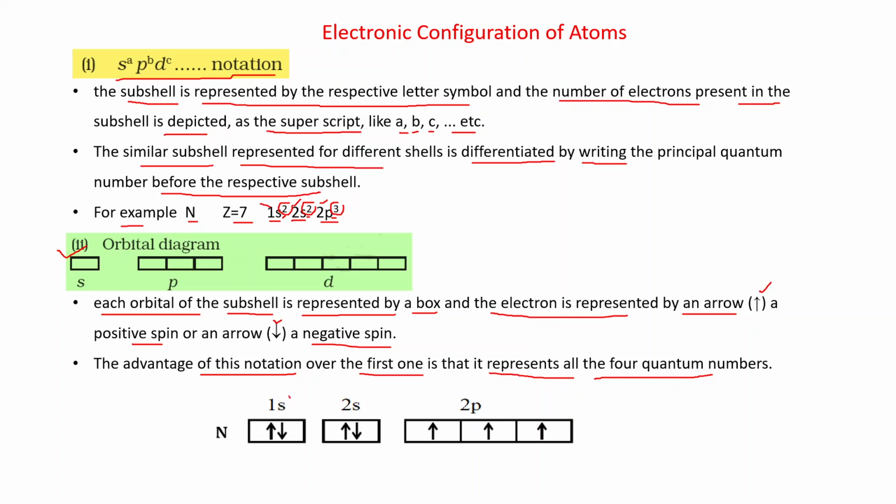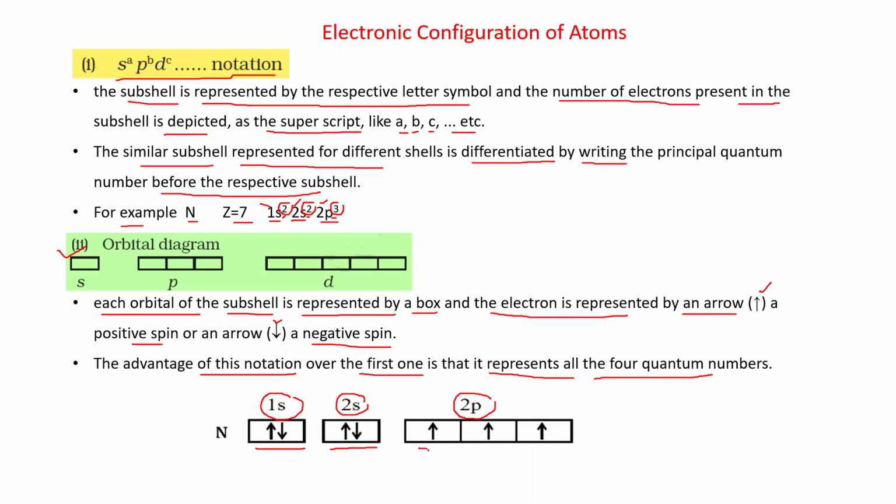Now we can say in the 1s subshell 2 electrons are there. These 2 electrons are represented by arrows with opposite spins in a box. In the same way, the 2s subshell has 2 electrons with opposite spins, represented in a box. The 2p subshell has 3 electrons, and as we know, the p subshell has 3 orbitals.